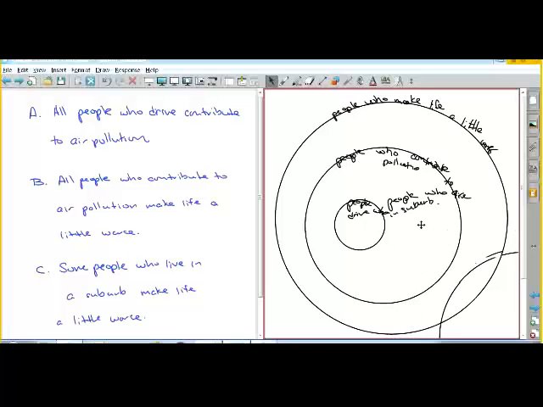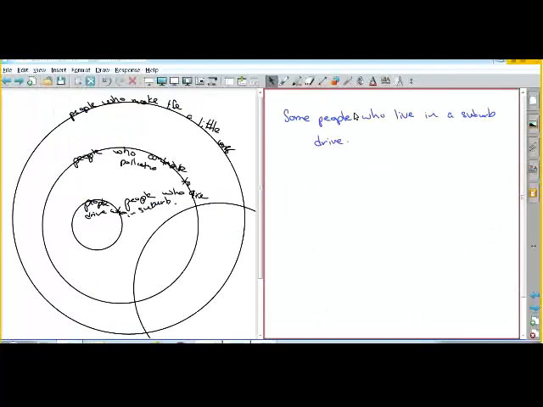So all that allows me to do is say this thing intersects somewhere. It could intersect there, there, or there. So there are a whole lot of different places for this circle that represents some people who live in the suburb, and that doesn't provide you any kind of accuracy. Again, the statement is probably true, some people who live in the suburb drive, but the argument is not valid.